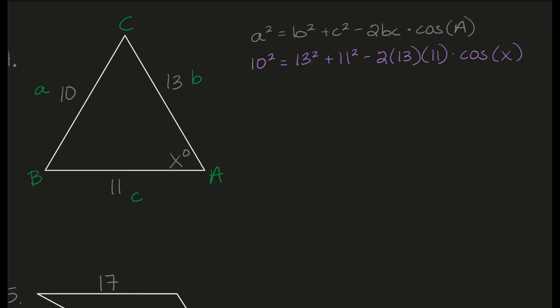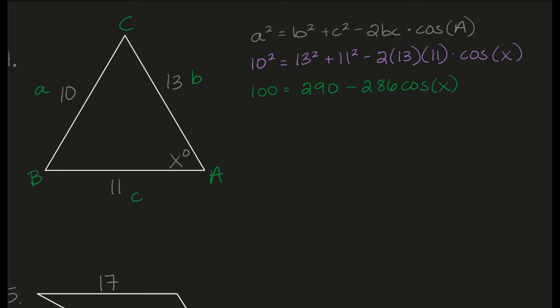Let's go ahead and write out what we know. We know that 10 squared is 100. We know that 13 squared plus 11 squared is going to be 290. We know that 2 times 13 times 11 is going to be 286. And this will be times the cosine of X.